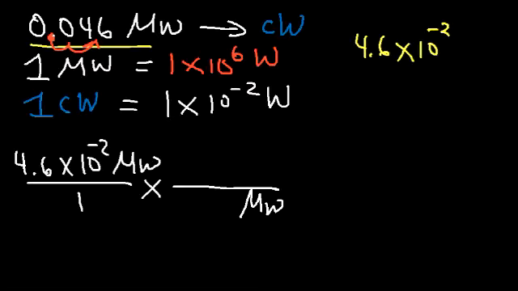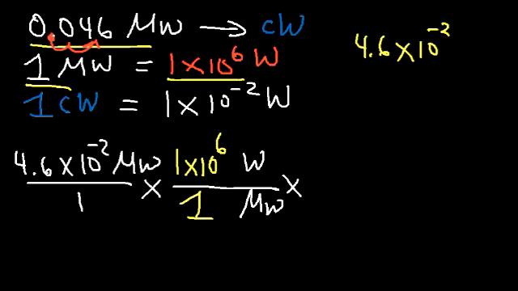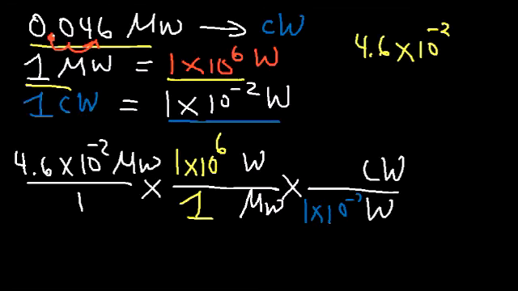And so watts is going to go on top. The number in front of watts is 1 times 10 to the 6, and the number in front of megawatts is a 1. Now, in the next step, we need to convert watts to centiwatts. Since watts is on top again, let's put that on the bottom, and centiwatts is going to go on top. The number in front of watts is 1 times 10 to the minus 2. And the number in front of centiwatts is 1.